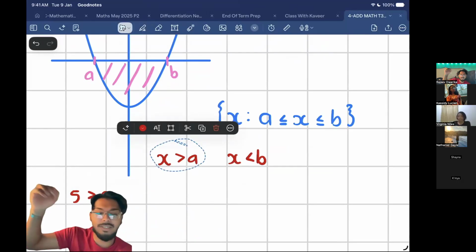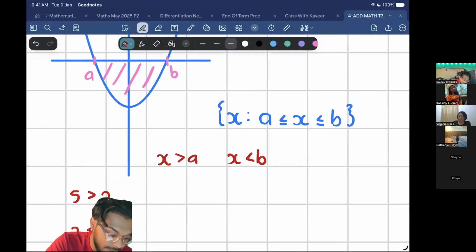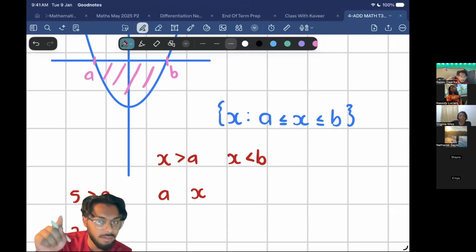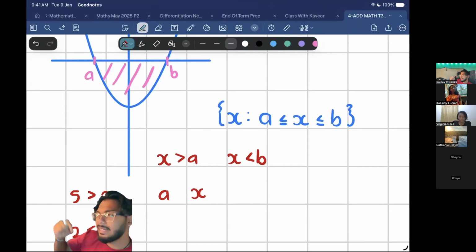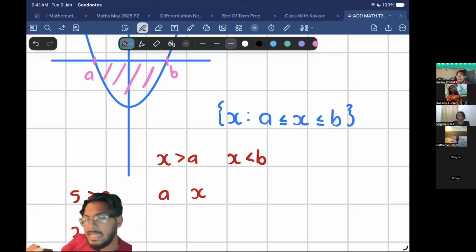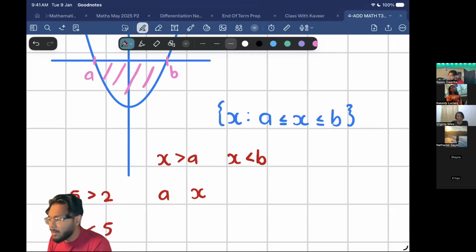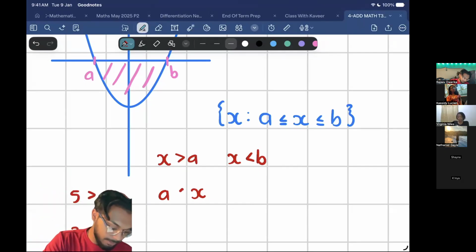If I say x is more than a, then that means a has to be what than x? Less. I want to hear the rest of you all. So if I tell you that x is more than a, that means a would have had to be what than x? It is less. Exactly.